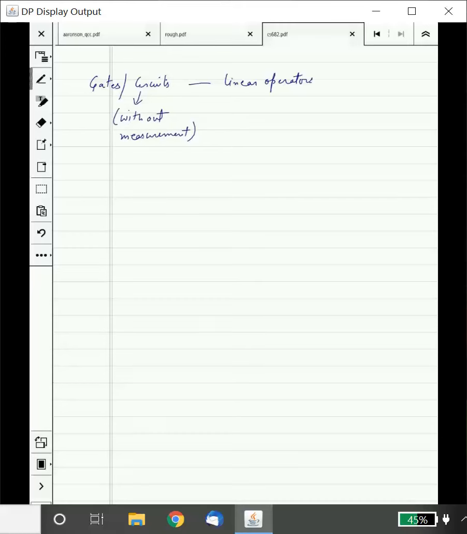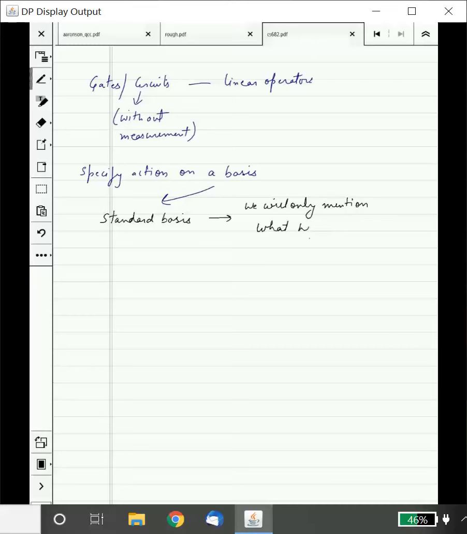So it is enough to specify action on just a basis. In particular, most of the time we will choose the standard basis. That means we will only mention what happens on the classical space. That is good enough to specify the complete action.